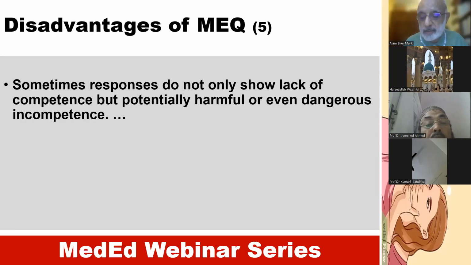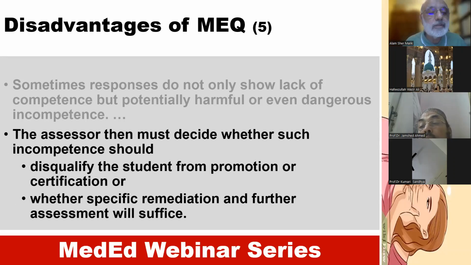Obviously, it depends upon the stage and the level of the students, but the medical school or faculty has to make a policy, and the assessor then must decide whether such incompetence should disqualify the student from promotion or certification, or whether specific remediation and further assessment will suffice.